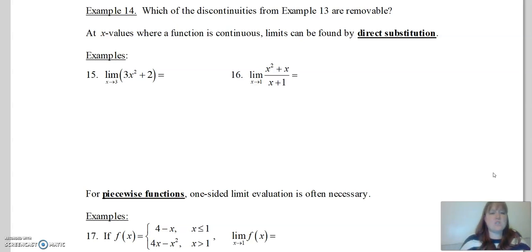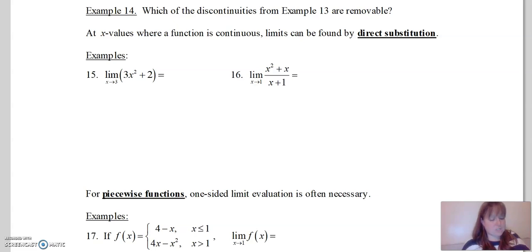And if we can find the function value, we automatically know the limit, because if it's continuous, the limit from left and right has to equal the function value. So the easiest thing to do, and what we're always going to try first, especially if we know it's continuous, is direct substitution.